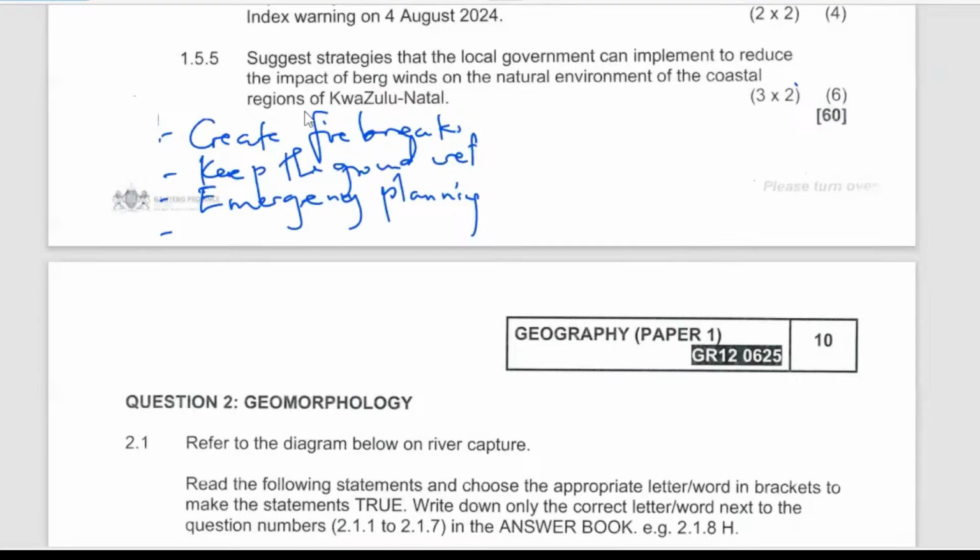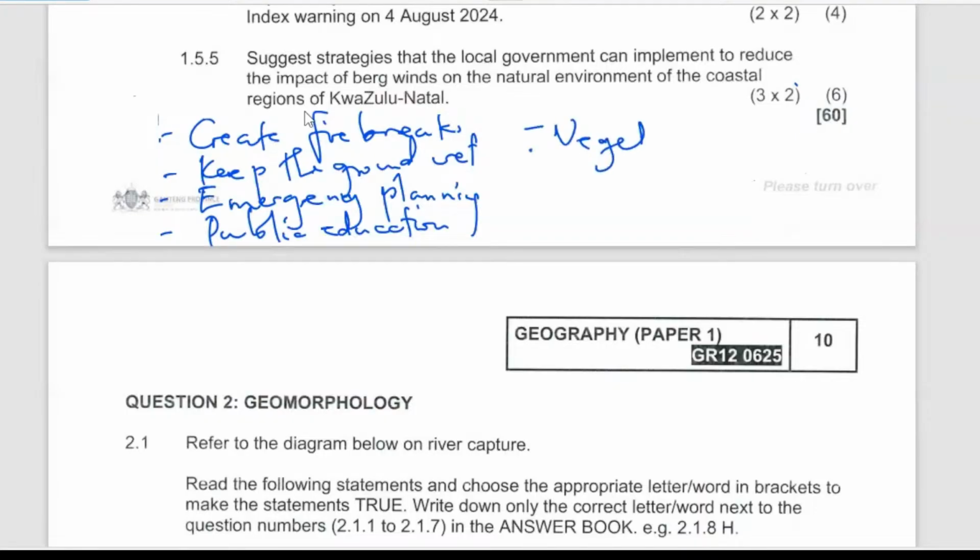And also we can talk of public education, which can assist in educating the people on how to reduce the impact of the Berg winds on the environment, so that people will take initiatives at household level and do not disregard the damage that was going to happen on the environment.